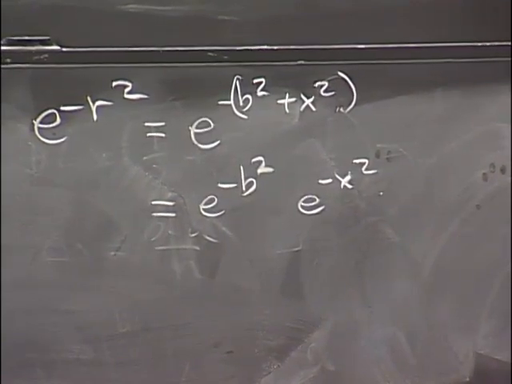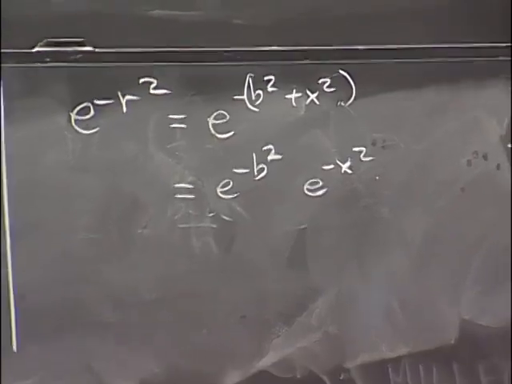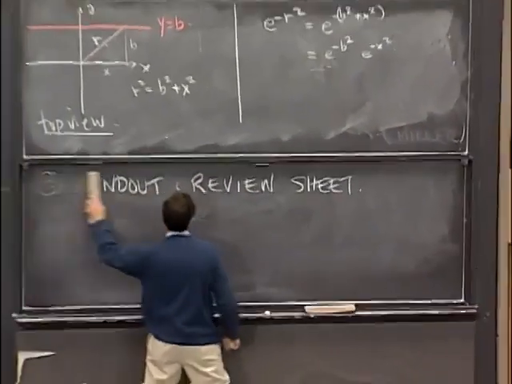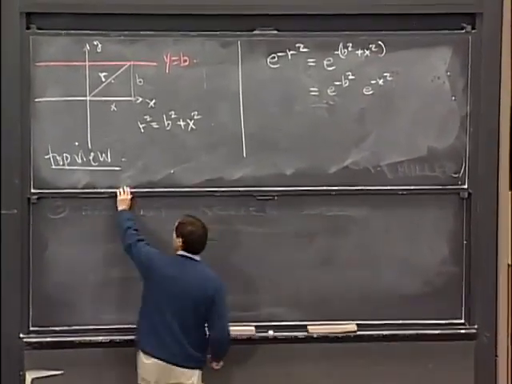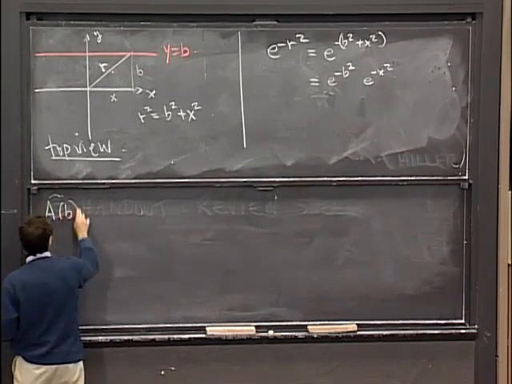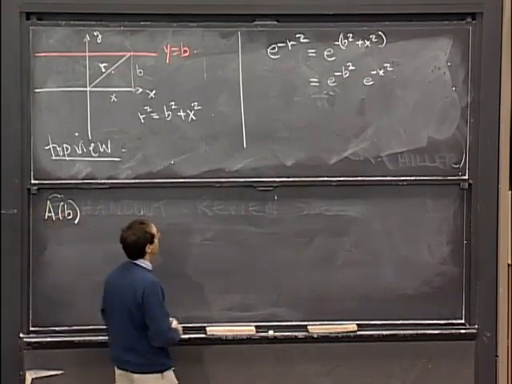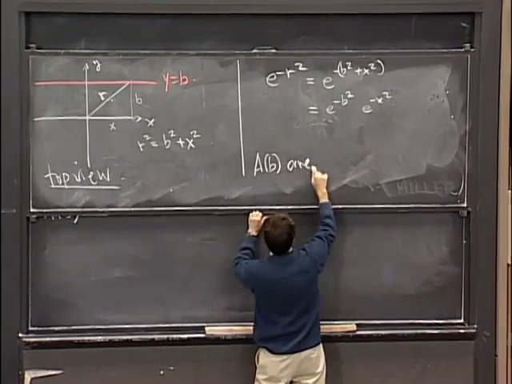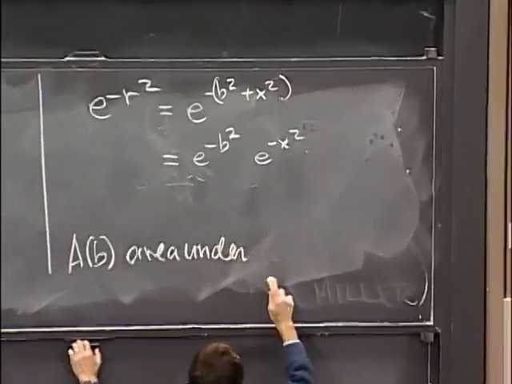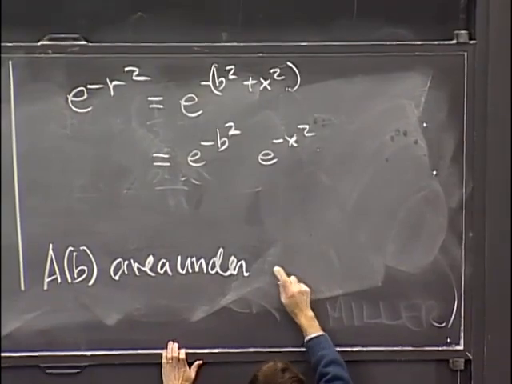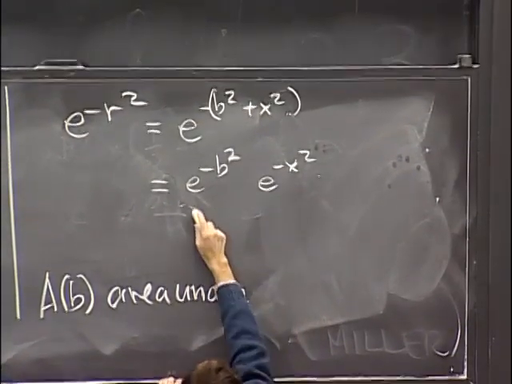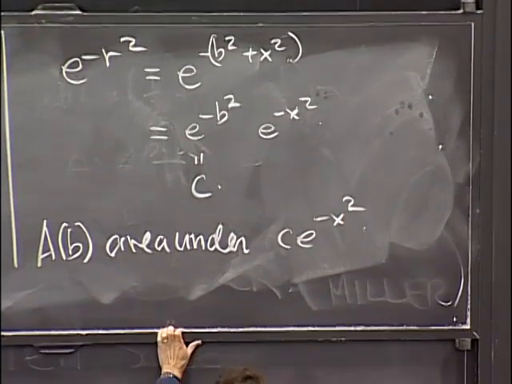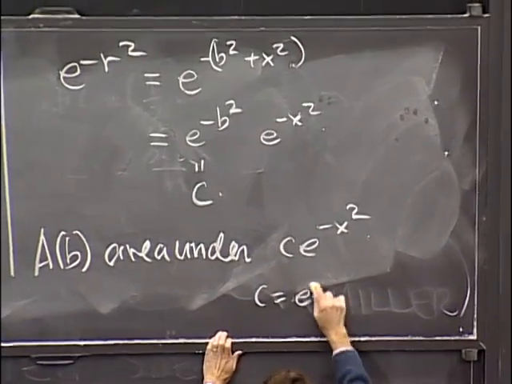Okay? So now I get to compute what A of b is. A of b is the area under a curve. So let me write it over here. A of b is the area under this curve here, which is some constant times, call this constant c, c times e to the minus x squared, where c is equal to e to the minus b squared.